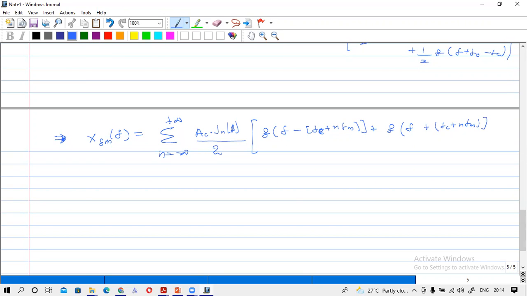So this kind of spectrum we have derived.